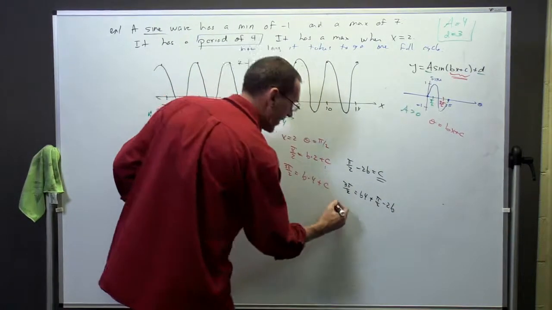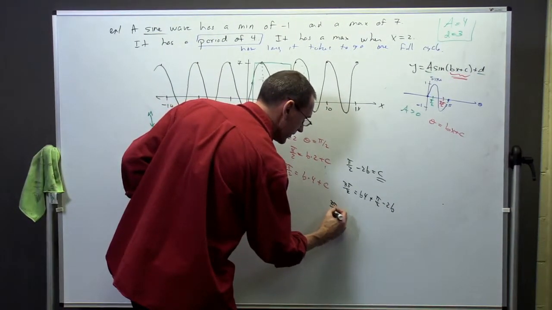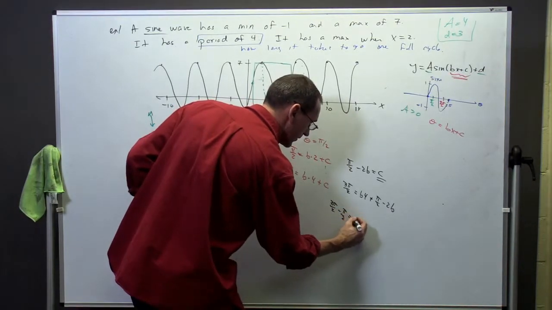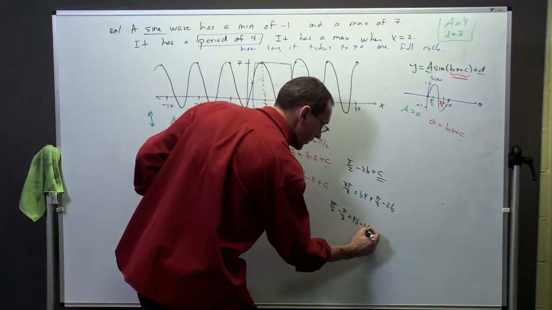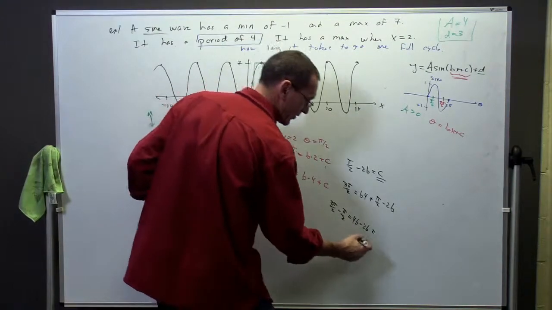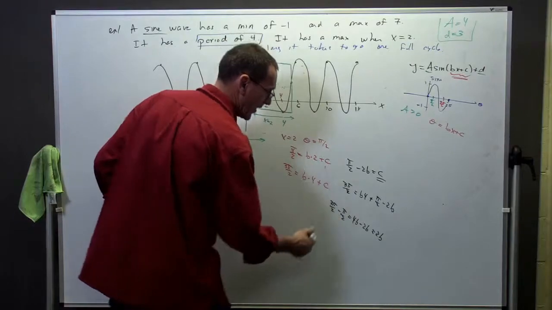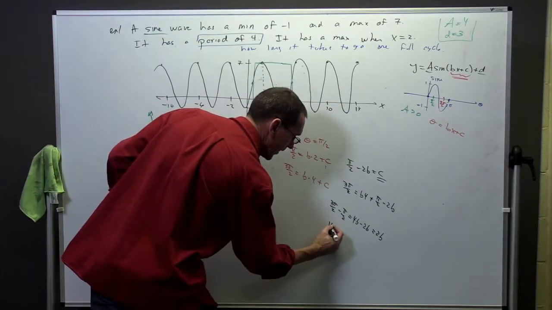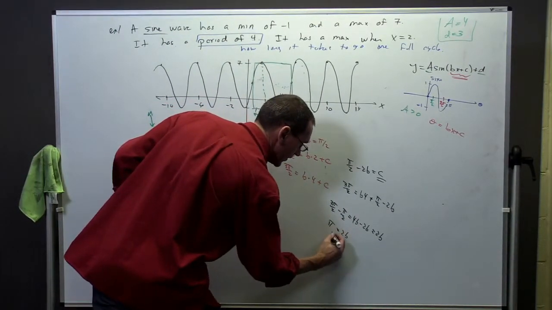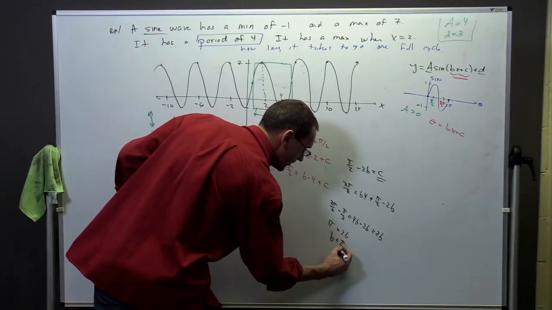Let me subtract that from both sides. This is going to be 4b minus 2b, which is 2b's left. 3 pi over 2 minus pi over 2 is going to be what? Pi. So my b is pi over 2.